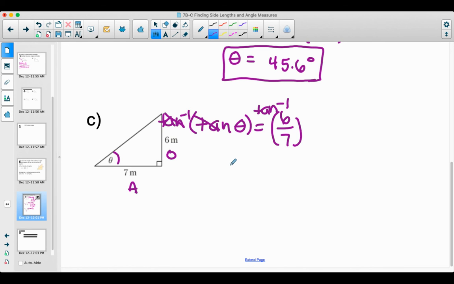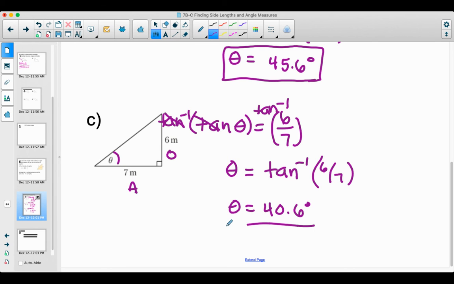And so those two cancel each other out, and we get theta is equal to the tangent to the -1 of 6/7. And then type that into our calculator, and to 3 sig fig, we get 40.6 degrees. And there would be examples for each of your trig functions on how to find the angle measures.